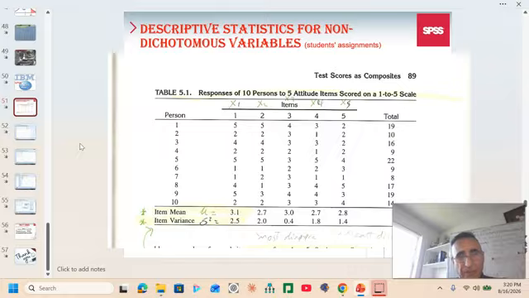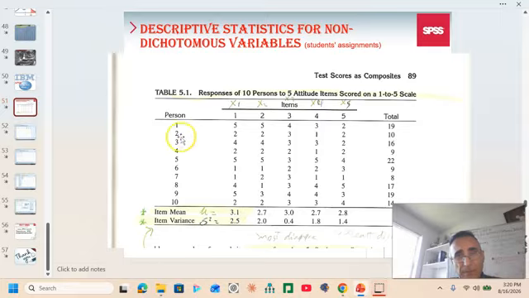Again, when you create a test, for example, here you have 10 people, and then you give them a test consisting of 5 items. These are non-dichotomous. Dichotomous means true, false. They either get 0 or 1. Non-dichotomous can be essay. Multiple choice is also dichotomous because you either get it or you don't. But for example, essay 1 to 5, right?